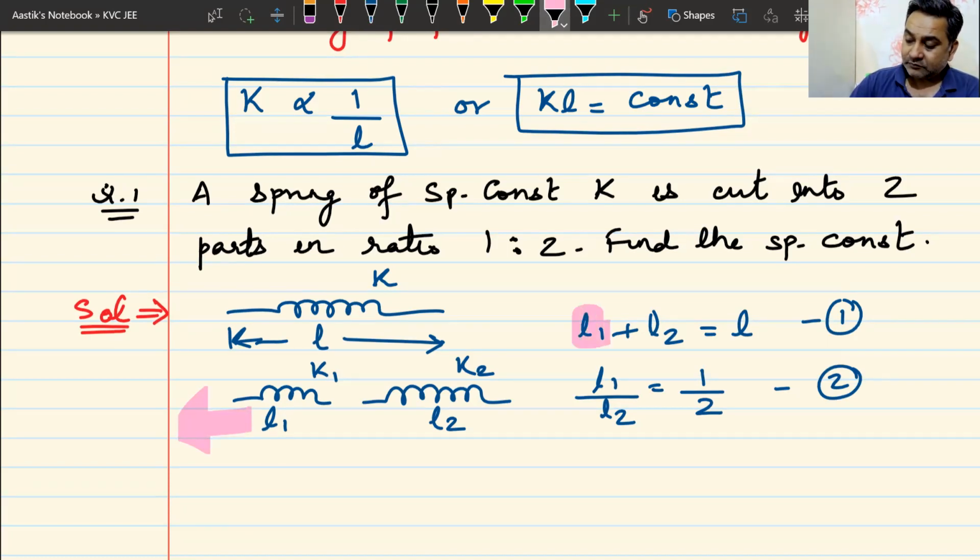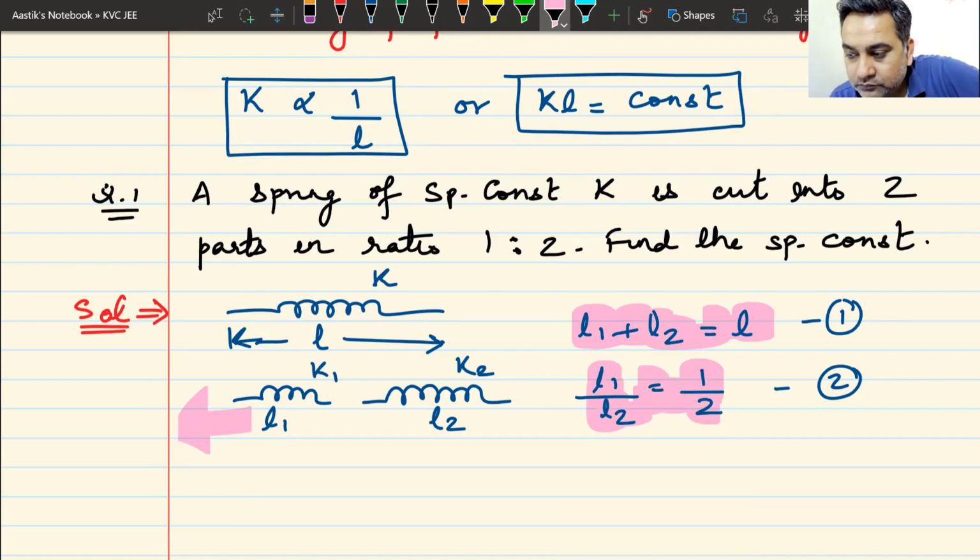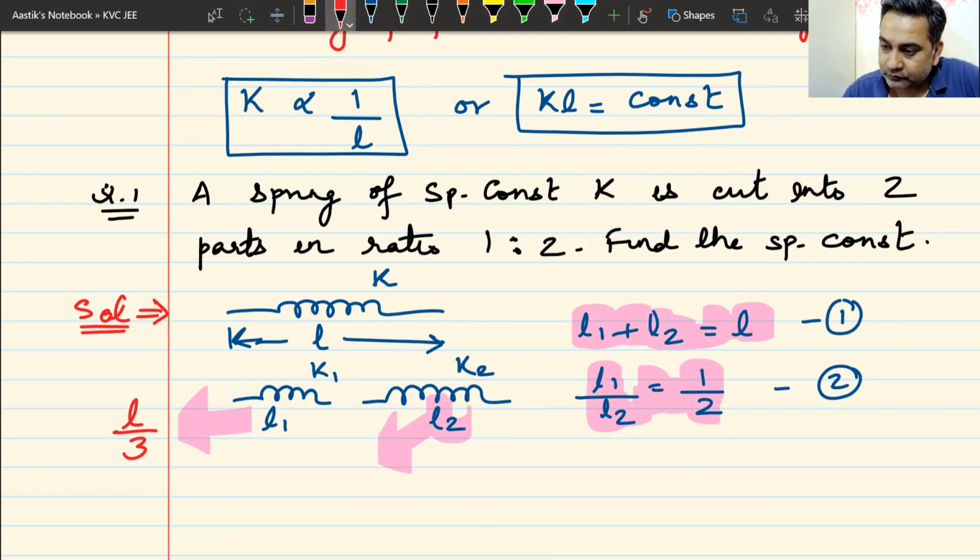Simple equations. L by 3. Well done. And on similar point, what is the value of L2? 2L by 3. Yes or no?